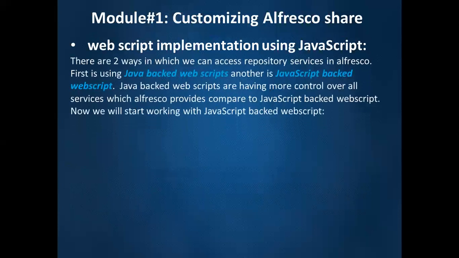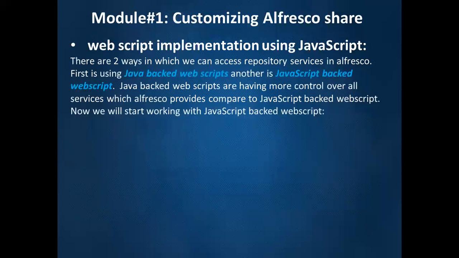There are two ways in which we can access repository services in Alfresco. The first is using a Java-backed web script, and the other is a JavaScript-backed web script. Java-backed web scripts have more control over all the services which Alfresco provides compared to JavaScript-backed web scripts.